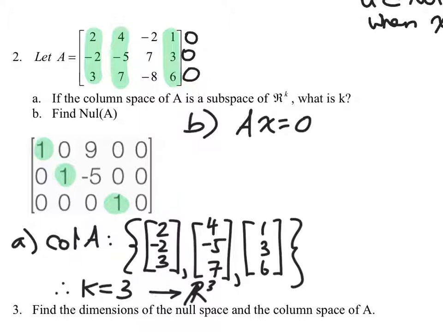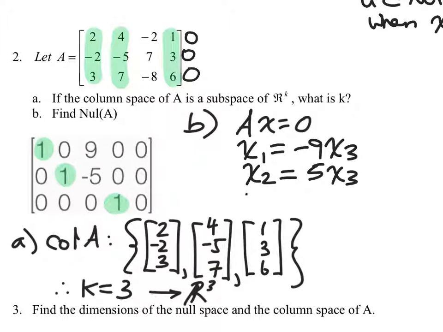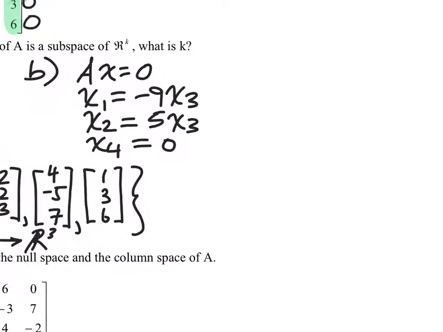So x1 is going to be equal to -9 x3. x2 is equal to 5x3, and x4 is equal to 0. All right, and so we know that x3 has to be the free variable.